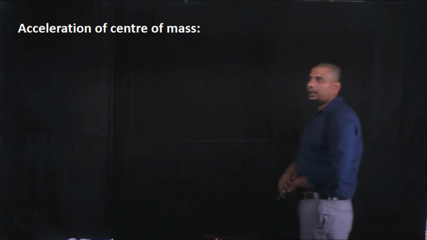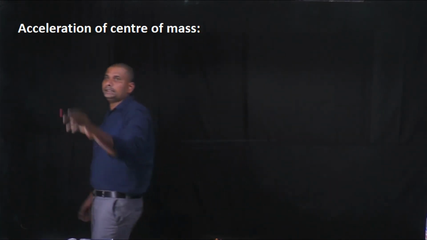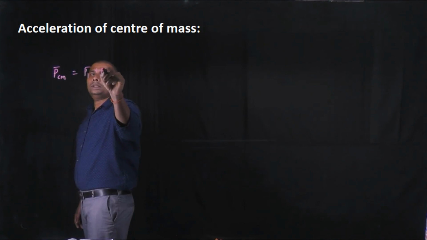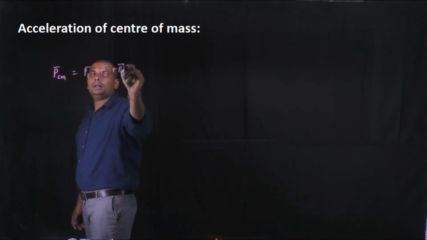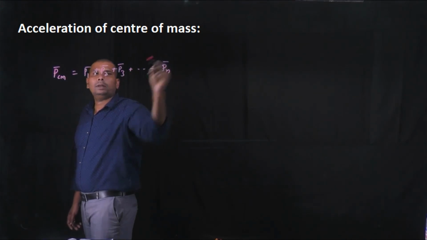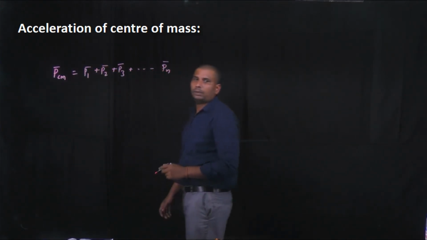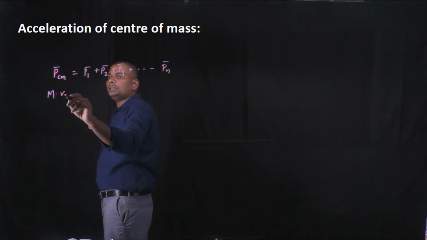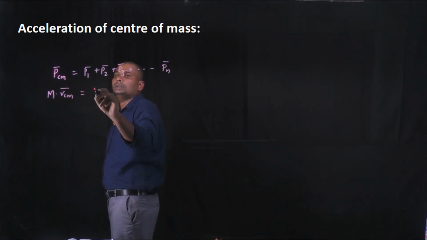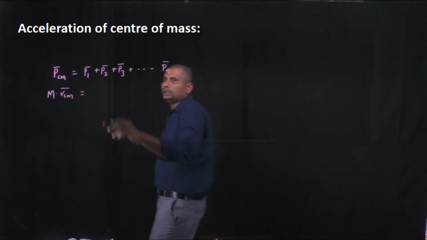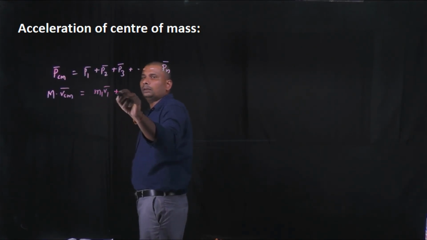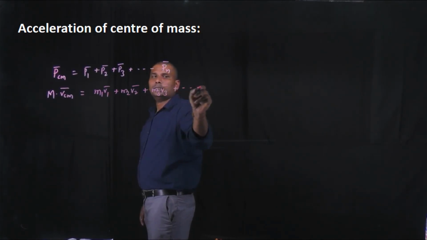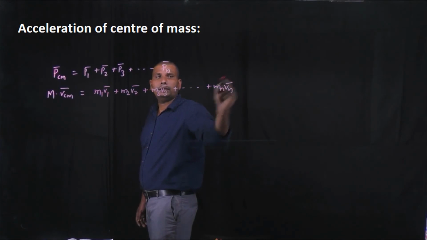Acceleration of center of mass. Already we know that the momentum of center of mass is P1 bar plus P2 bar plus P3 bar and so on plus Pn bar, and this momentum of center of mass is nothing but the total mass of a system into the velocity of center of mass, which is equal to the individual momentums: m1 v1 bar plus m2 v2 bar plus m3 v3 bar and so on plus mn vn bar.